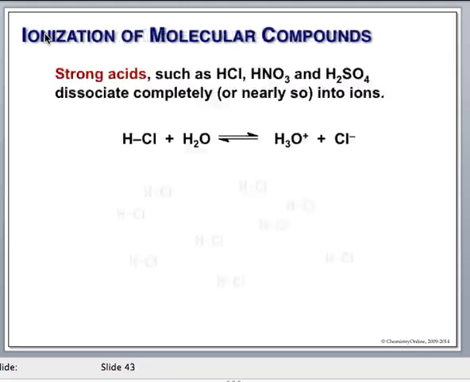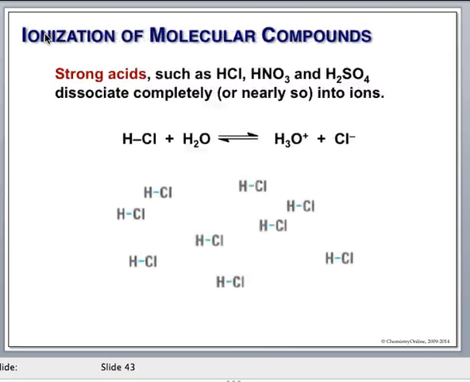Let's look at an example of a strong acid. This is HCl. HCl is an acid. It's a strong acid. When we take HCl and we put it into water, we ionize to form hydronium and chloride.